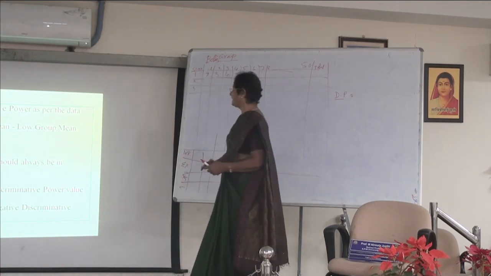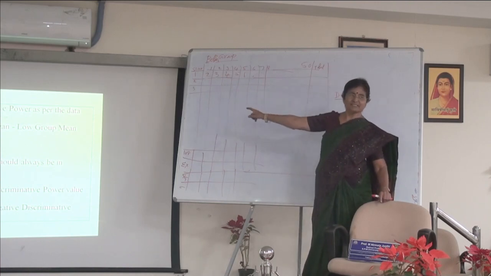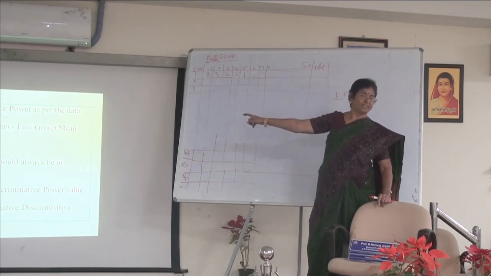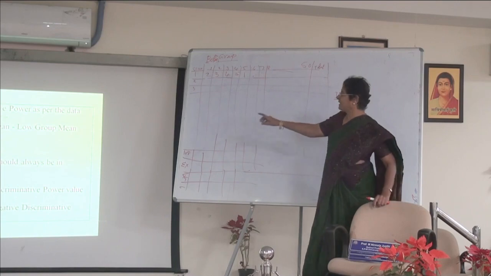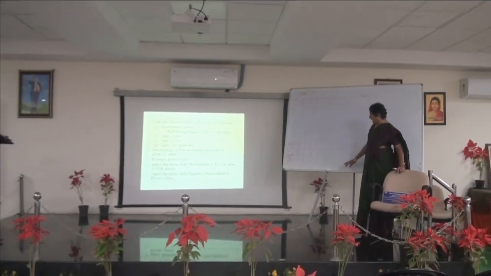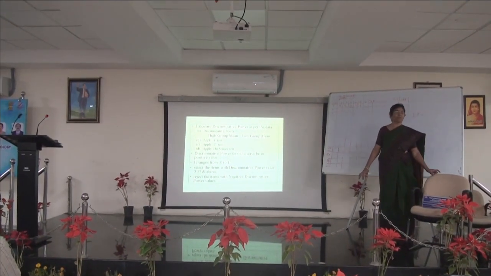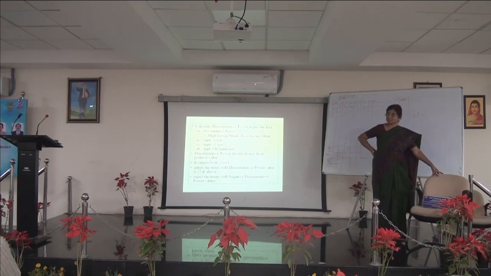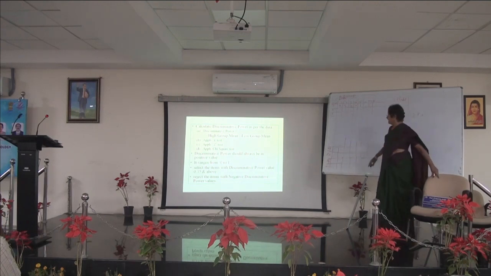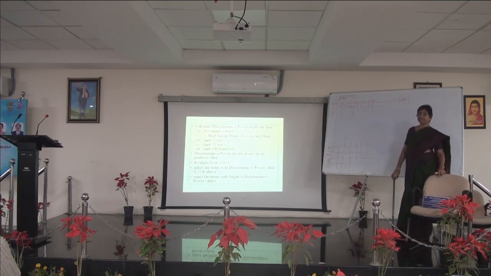And I said high group mean and low group mean. Just now I said, no. Take the difference between the means of the high and low groups, and that gives the result. And I said you calculate T. If your tool needs to be more and more strong, then you can apply discriminative power as well as the t-test. The t-test you have come across, no?